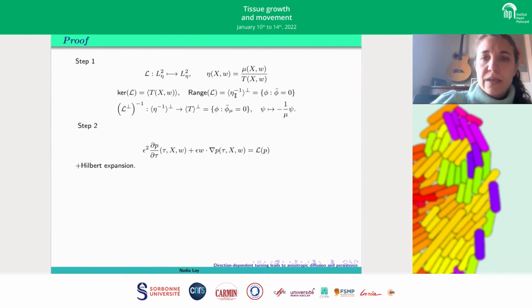What is this space? This space is actually made up of all the populations that have 0 macroscopic density.